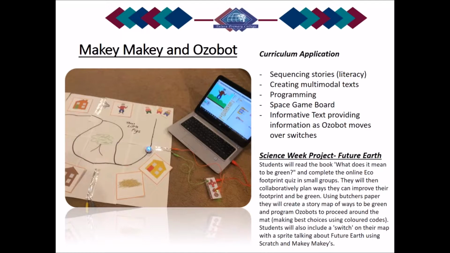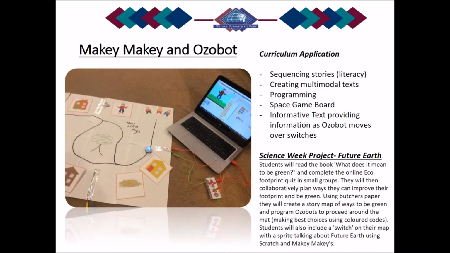One of the projects that I'm exploring, and the reason we have done this model one, is that in Science Week we were lucky enough to get a $500 grant to purchase some Ozobots. So students in Year 2 and 3 will be reading the book What Does It Mean to Be Green, and then completing an online eco footprint quiz. From there, they're going to work collaboratively to plan ways that they can improve their footprint and be green.